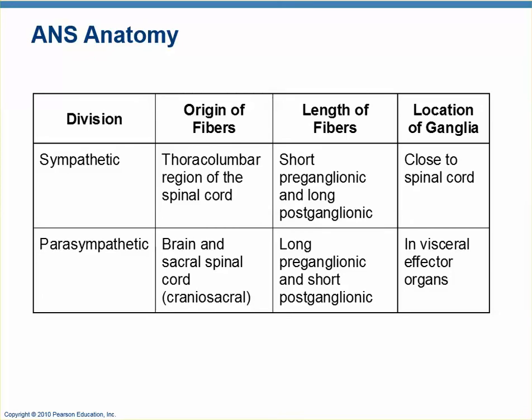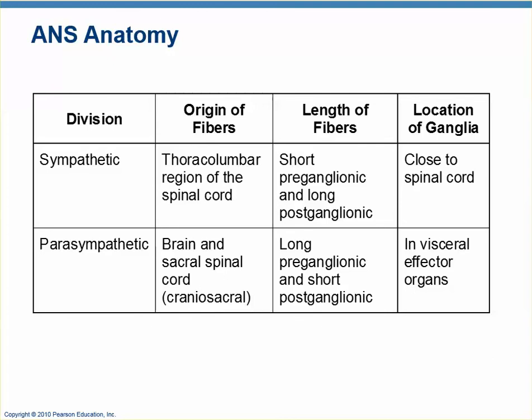For the parasympathetic, there are the 4 cranial nerves that I talked about as being parasympathetic, and the sacral nerves do it. So it's craniosacral. They have long preganglionic going all the way out to the organ, and then a short postganglionic. So the ganglia are actually right at the target organ.